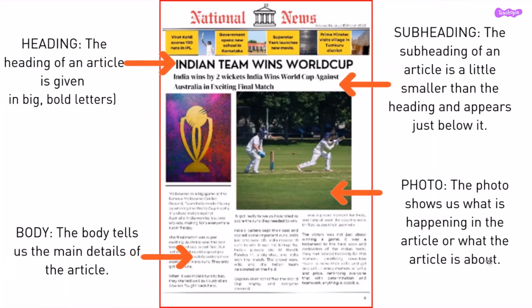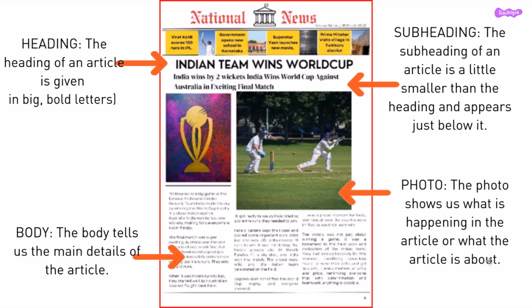A newspaper has many parts, and four main parts are as follows. First, we have the heading. The heading of an article is always given in big, bold letters. Then we have the subheading. The subheading of an article is a little smaller than the heading and appears just below the heading.